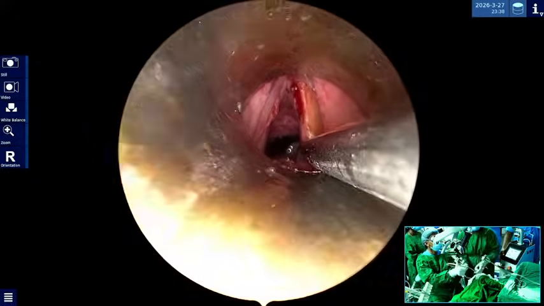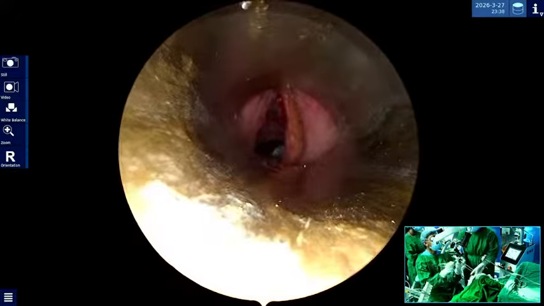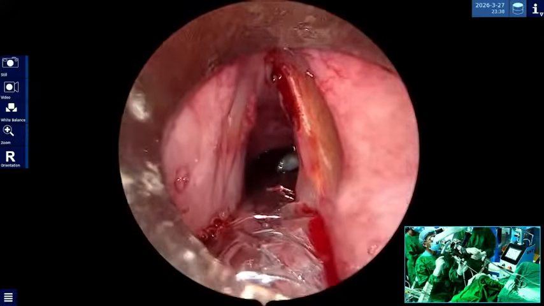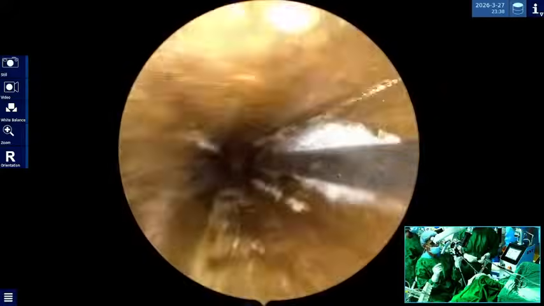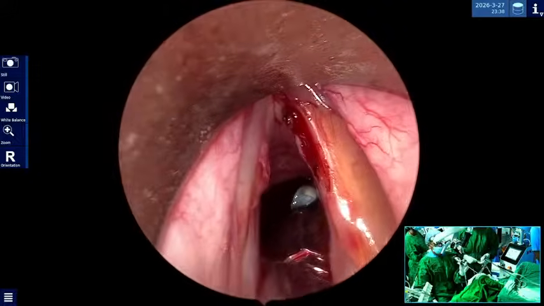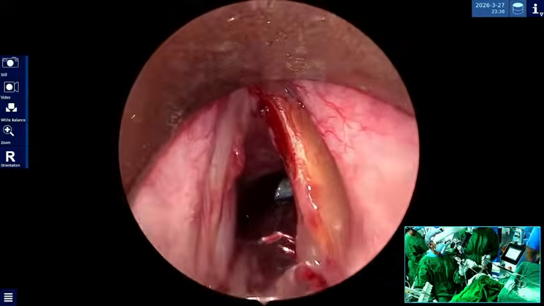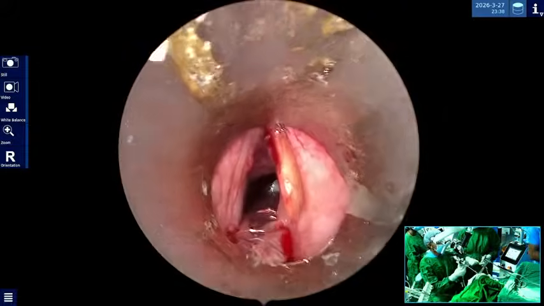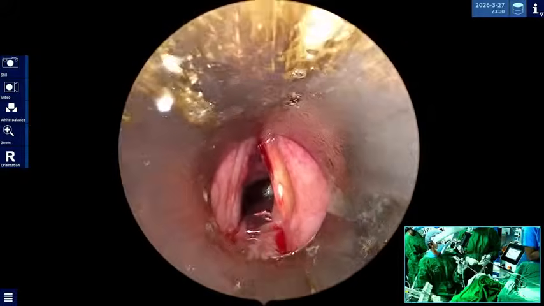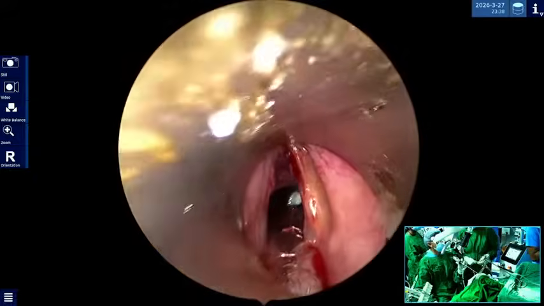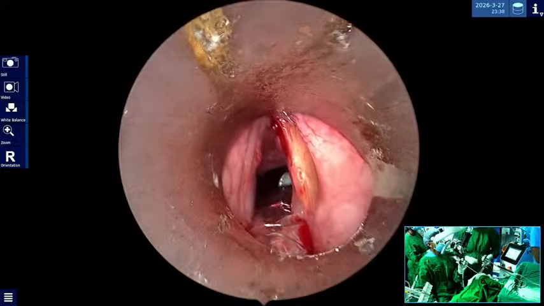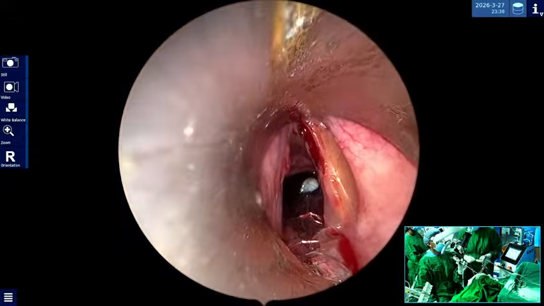Okay, suction. So the manipulation of the instrument is very, very important in phonomicrosurgeries. So you have to use it judiciously.